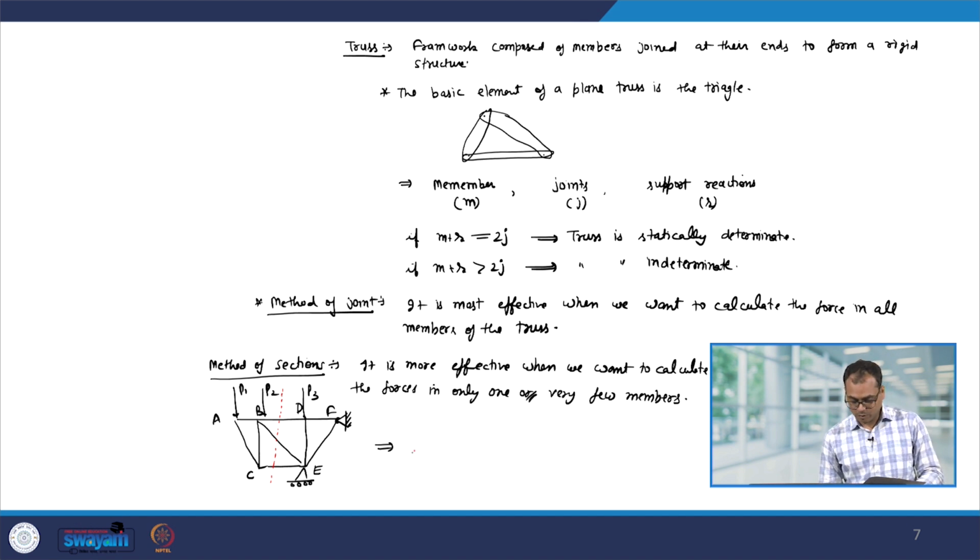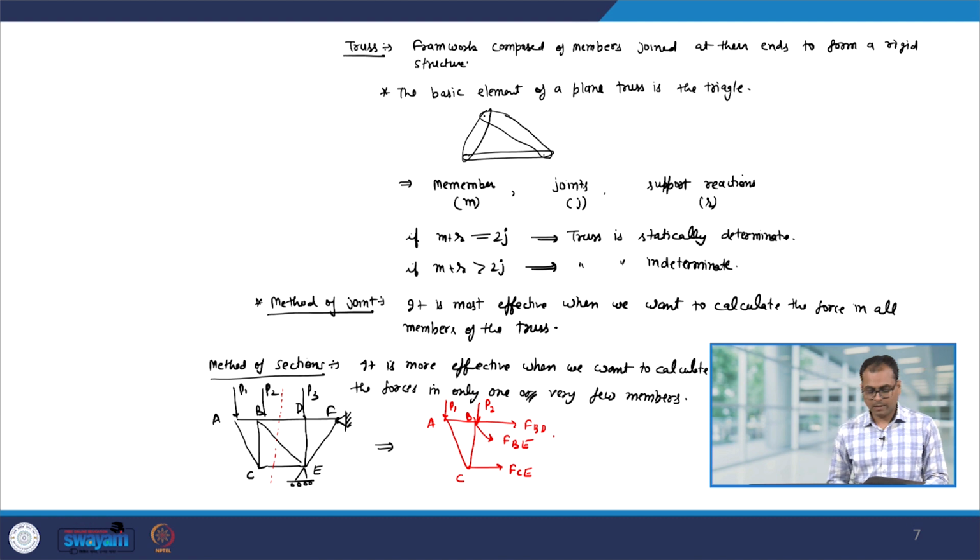Okay. So, therefore, when we cut this, we have the following free body diagram of the truss on the left hand side. And then we use the equilibrium condition to find out the forces in the truss. Okay.